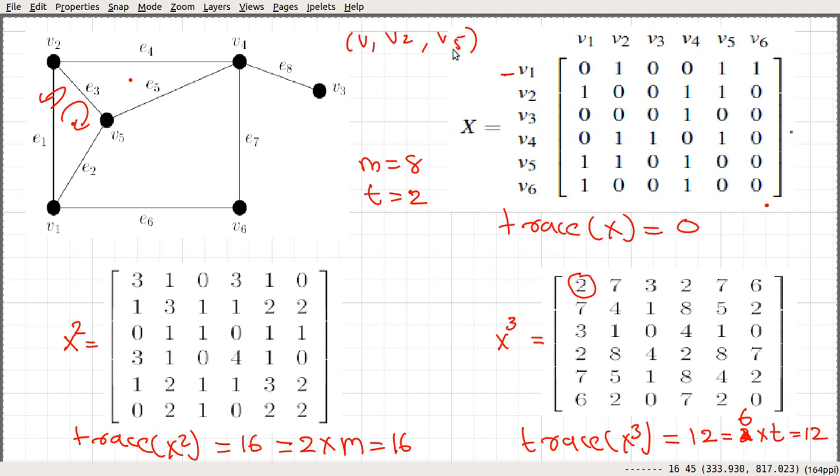v5, then we have a different kind of cycle like v2, v5, v1, so it is like v1, v2 using this edge. Then we could start from here, v2, v5, v1, or maybe v5, v1, v2.